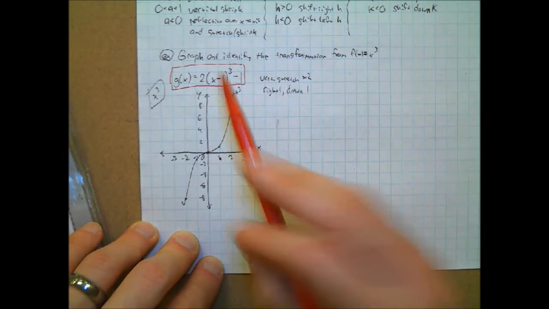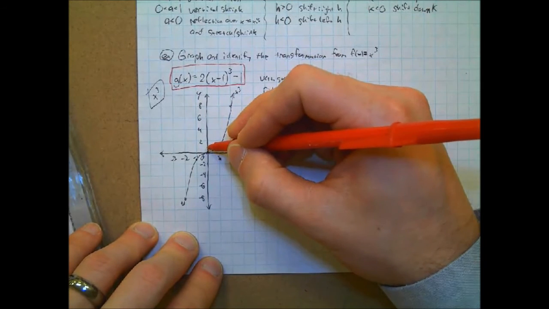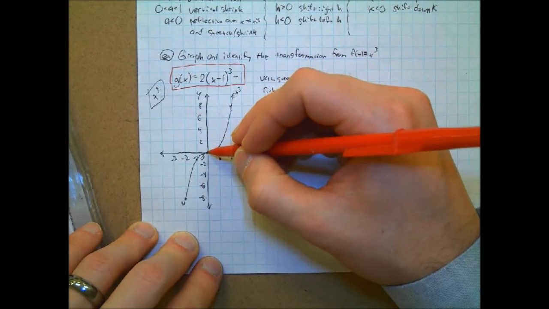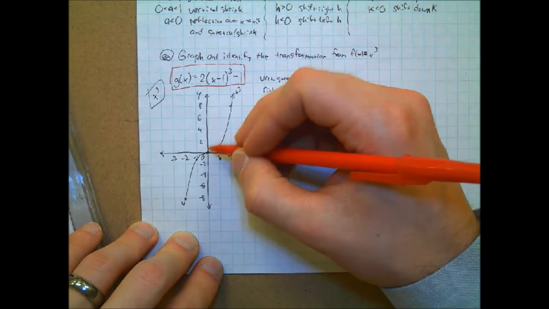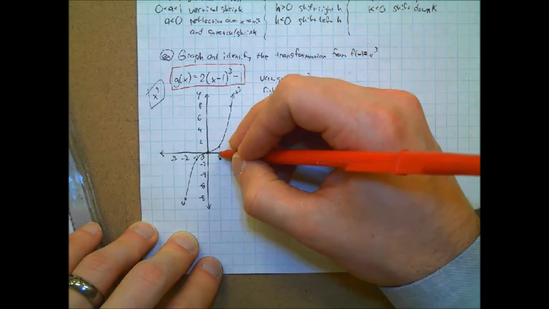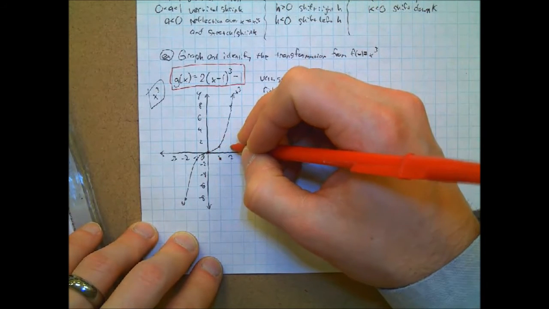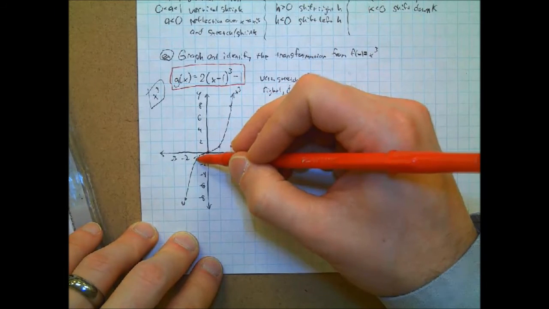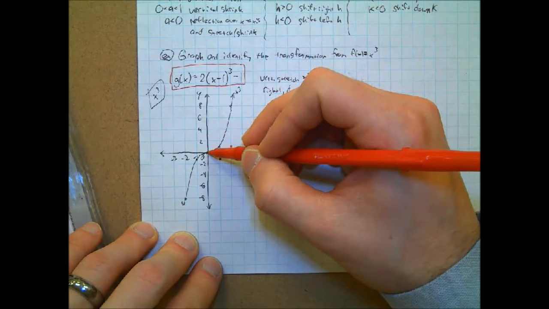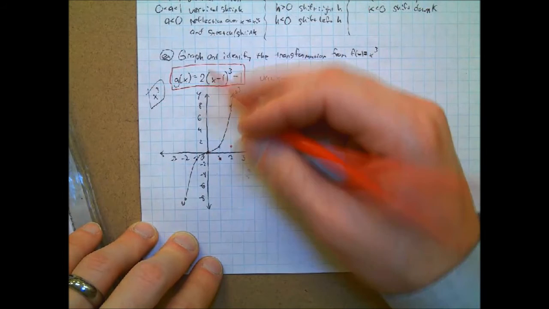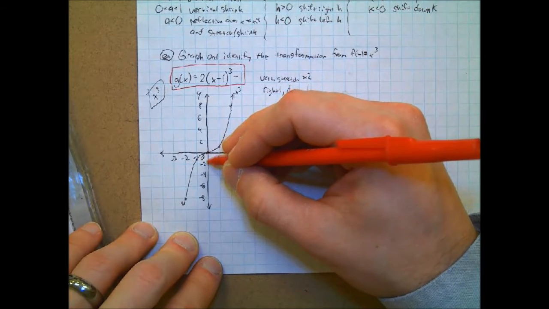Instead of going up 1, since I have that 2 in front, I'm going to go up how much? Up 2. So I'm going to count up 1, 2, and then right 1, and that will be my new point. And then same thing for this point right here. To get from my vertex or center point down to this point, I'm going to go left 1, down 1. Well, then instead, because I'm going to double that, I'm going to go left 1, now down 2 to right there.